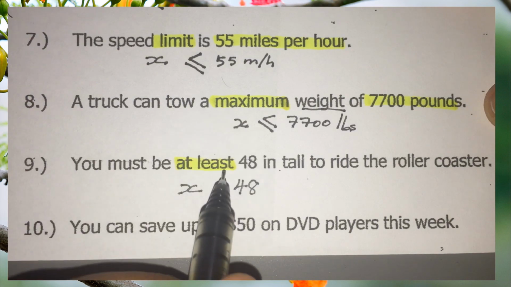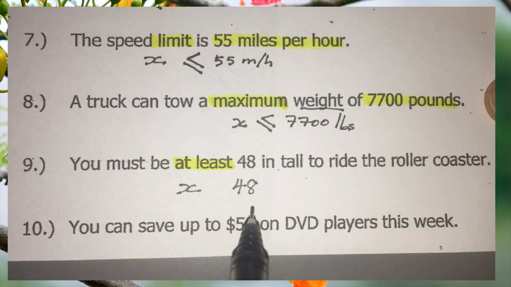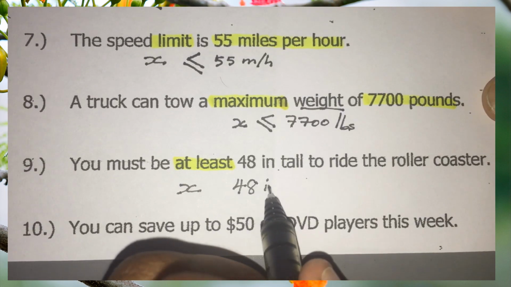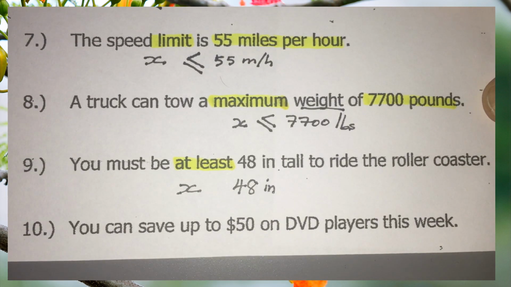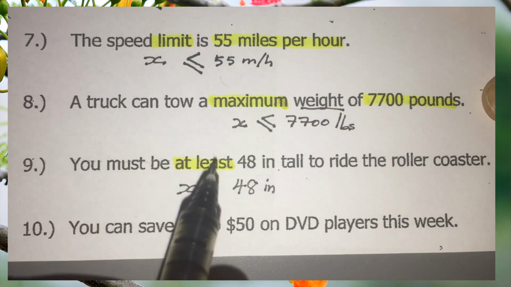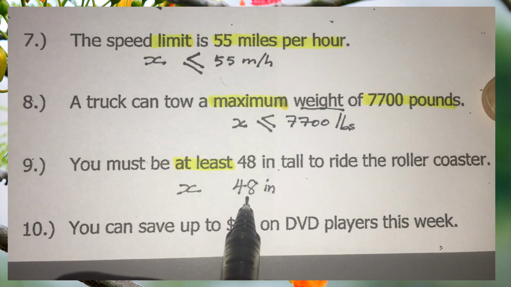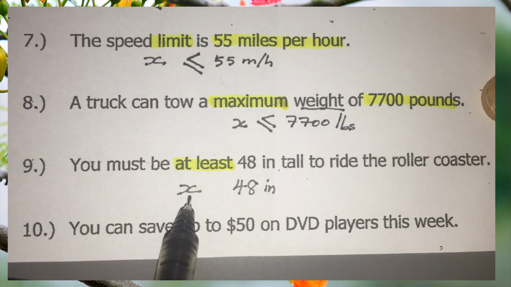So the lowest the height should ever be to go on a roller coaster is 48 inches. That means if you're 49 inches, you can always go on the ride. If you are 50 or 70, you can always go on the ride. So it should be at least, that means the lowest it can go. If this is the lowest, then this must be the greater number.